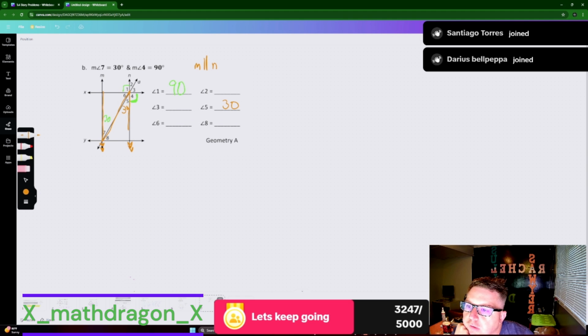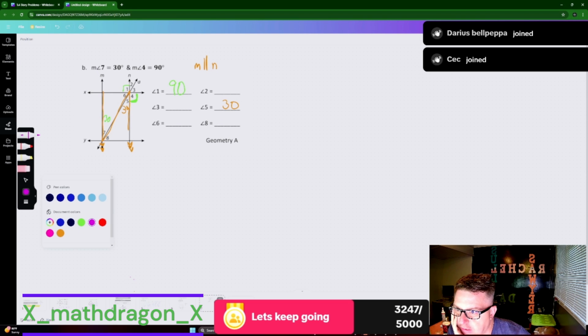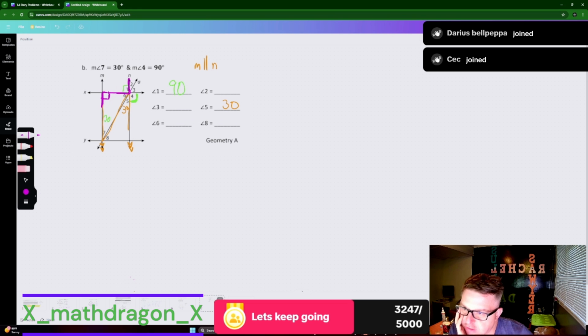Wish I could. Although, if I know M and N are parallel, I do know that. So I could say, here's my Z shape by alternate interior angles. This angle is 90 degrees because of the Z shape, which you're like, okay, but I don't care about that one.